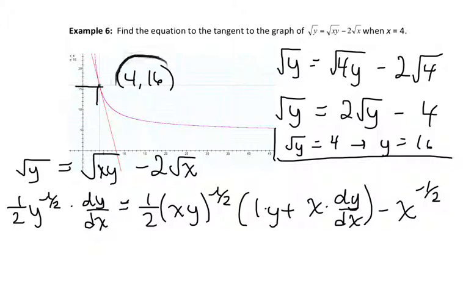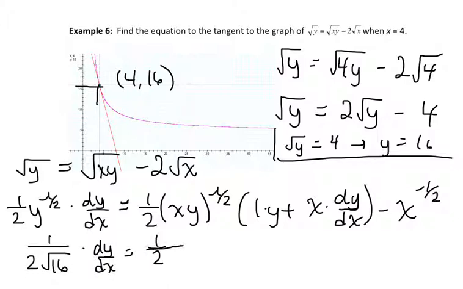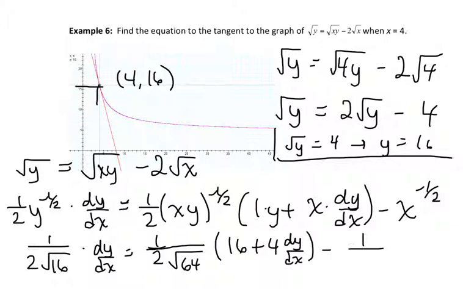So 1 over 2 root 16 dy/dx equals a half of root 4 times 16, that's 64, times 16 plus 4 dy/dx, minus 1 over root 4.